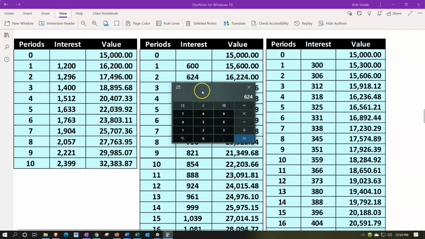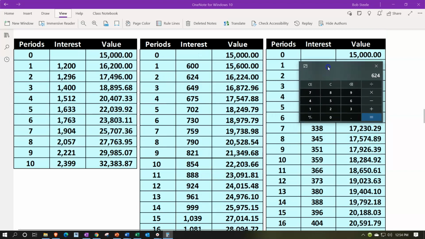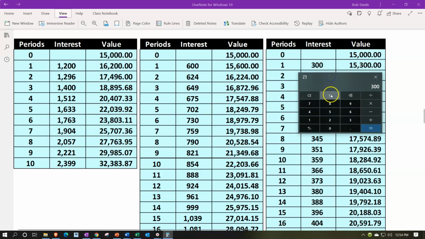Let's do it again, this time for the quarterly. So quarterly would look something like this. Now we got the 15,000 times 0.08, which would be the yearly rate. That would be the amount per year. Now I'll take that divided by 4, giving us the 300. We can also do it this way. We can say, well, 0.08 is the yearly rate divided by 4, 0.02, would then be the rate for a quarter times the 15,000.